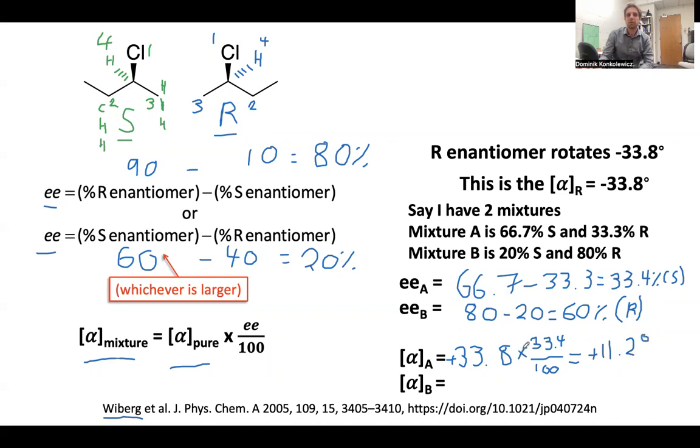Now, mixture B has the R enantiomer in excess. We know the R rotates negative, and so the alpha pure we need to reference to the R enantiomer, so we have negative 33.8, times, in this case, 60 over 100.